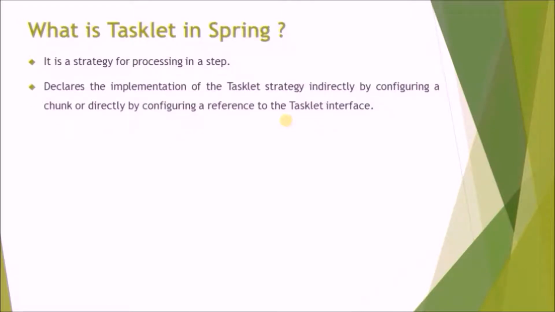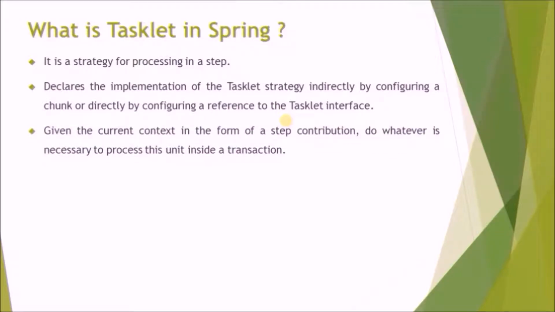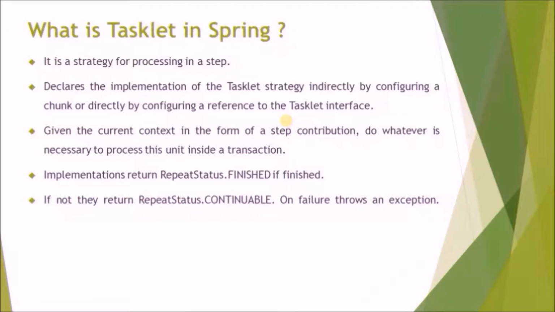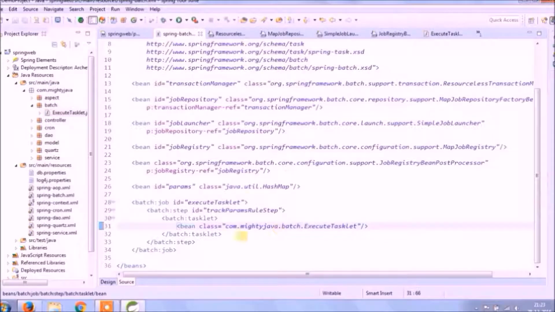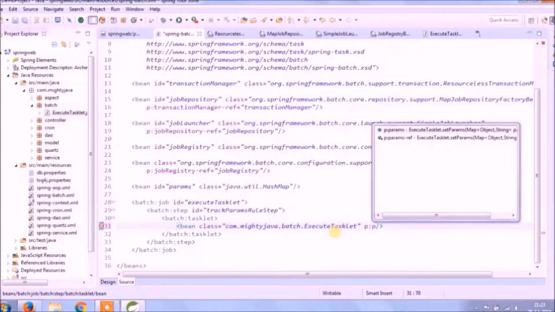Declares the implementation of the tasklet strategy indirectly by configuring a chunk or directly by configuring a reference to the tasklet interface. Given the current context in the form of a step contribution, do whatever is necessary to process this unit inside the transaction. Implementations return RepeatStatus.FINISHED if finished. If not, they return RepeatStatus.CONTINUABLE, on failure throws an exception. Add a reference for params.